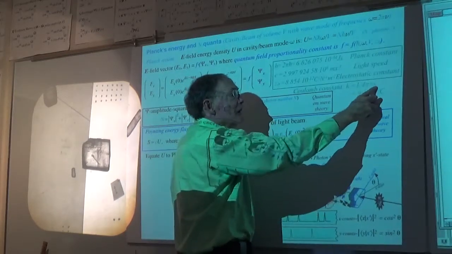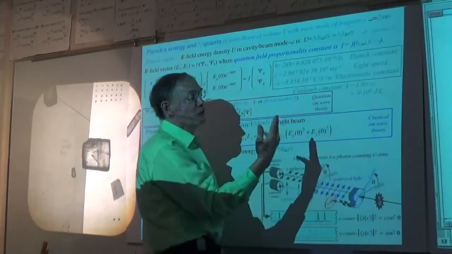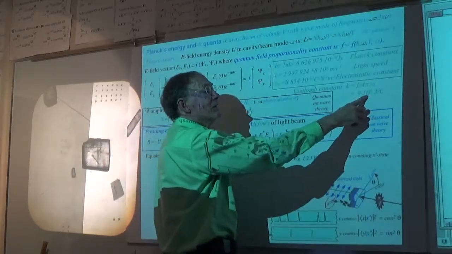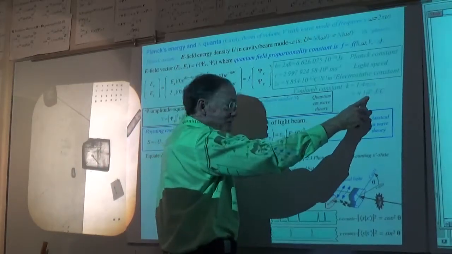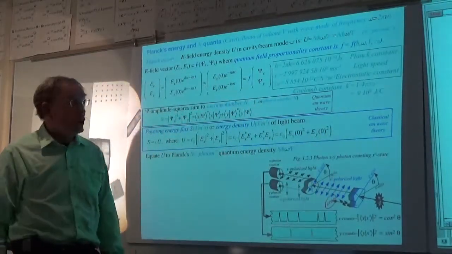And that 1 over 4 pi epsilon 0 is really easy to remember. If you're only interested in, say, three-figure accuracy, it's 9 billion. 9E9.